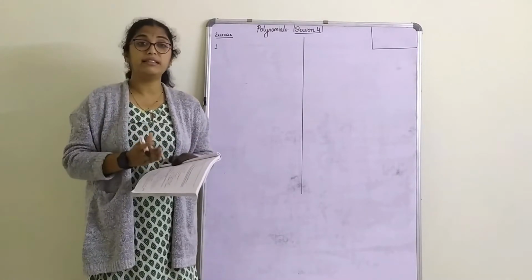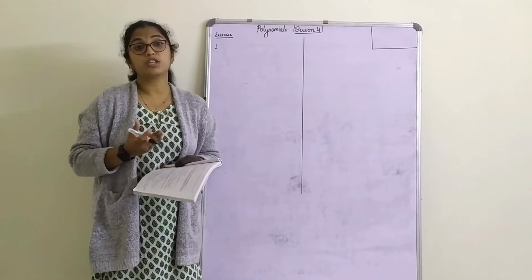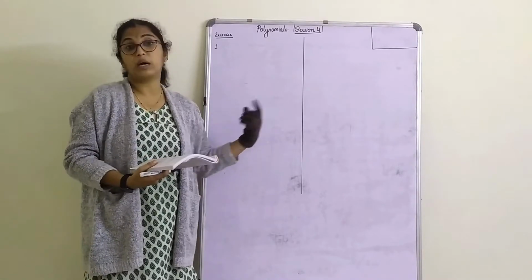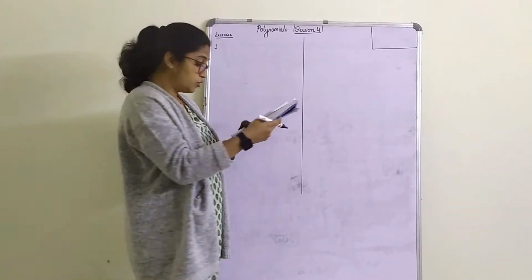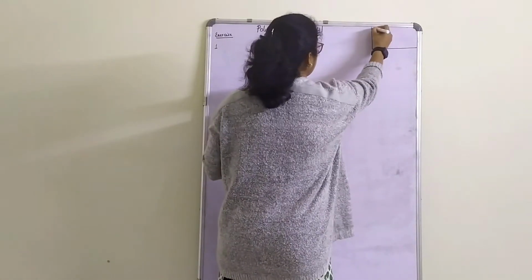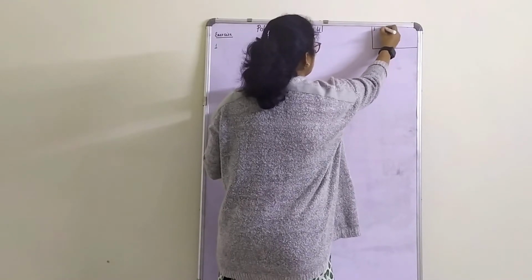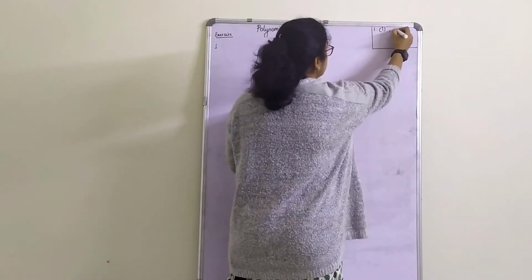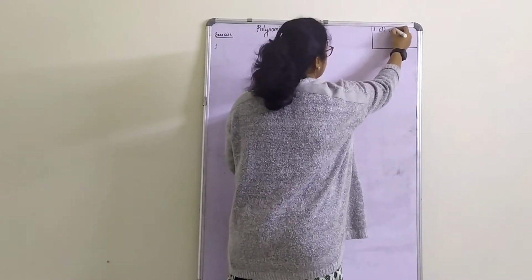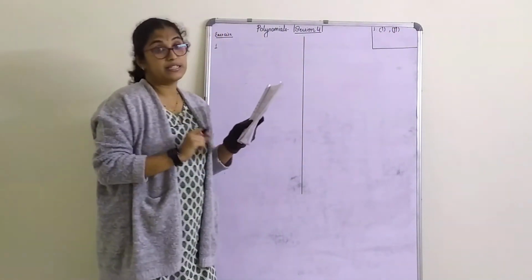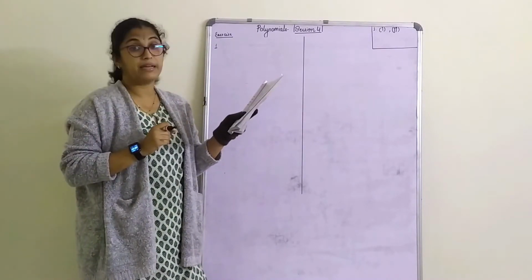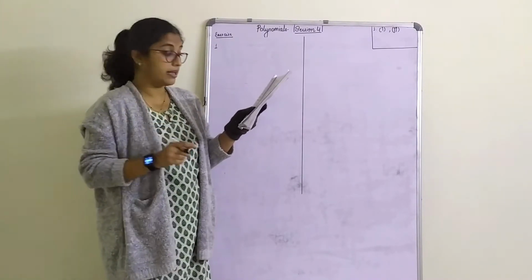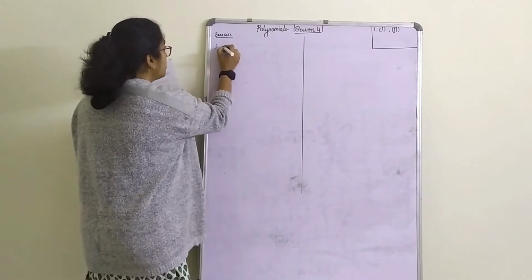If even then you are not getting it, please call me so that we can address your doubt in the next session. In the first question, you are supposed to take the first sub question and the second sub question as homework. Please mark it. We'll start with the third one.